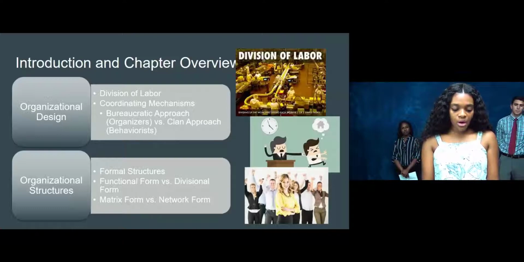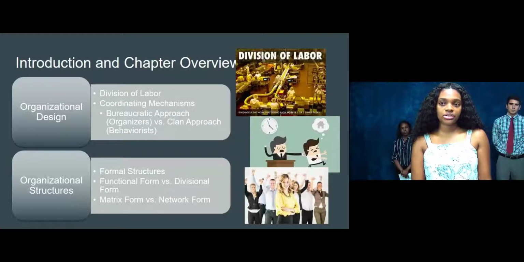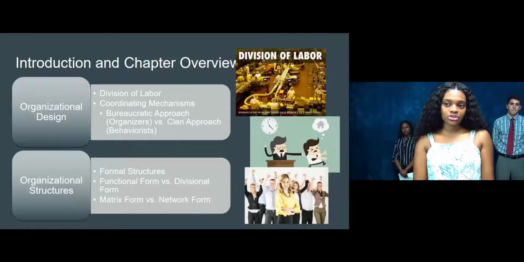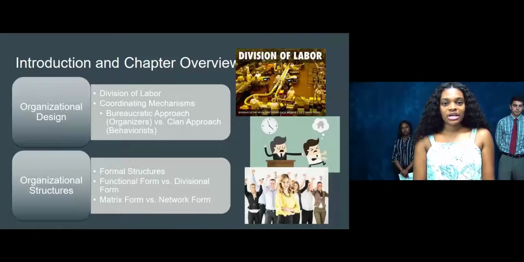All right, so we also have formal structures. There are four types of formal structures: the functional, divisional, matrix, and network. The functional structure is when a firm divides people into units that perform main activities, such as production, marketing, accounting, and sales.